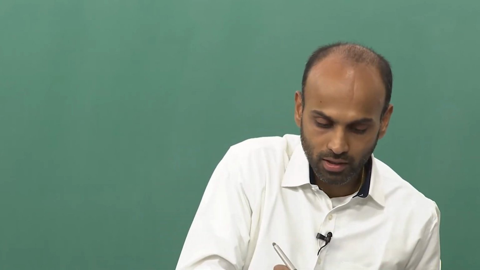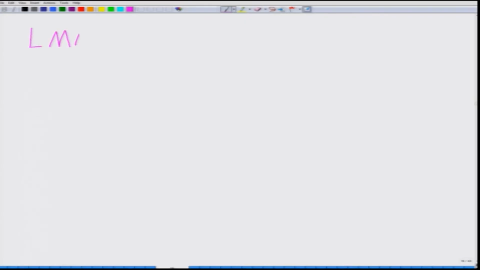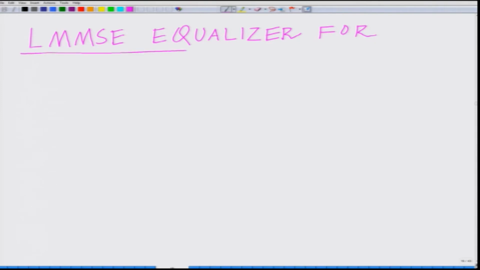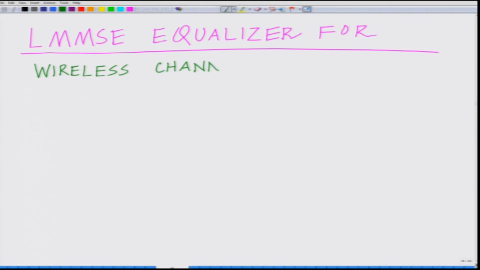What we are going to look at, starting this module, is the design of an LMMSE equalizer for wireless channels.